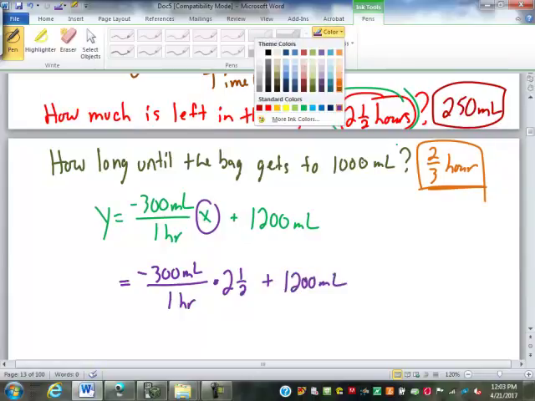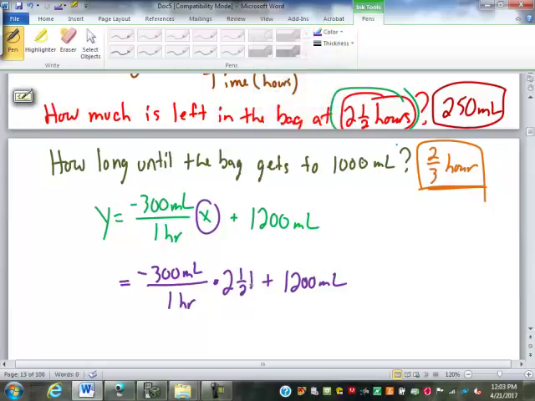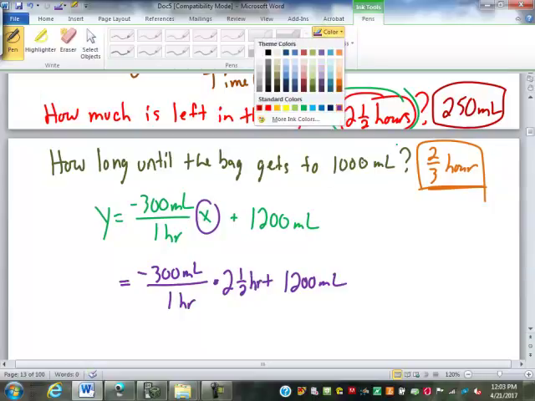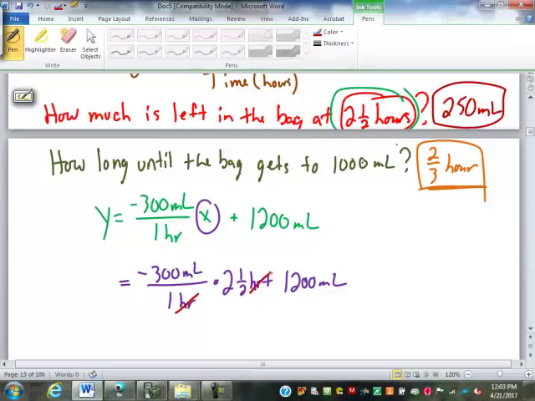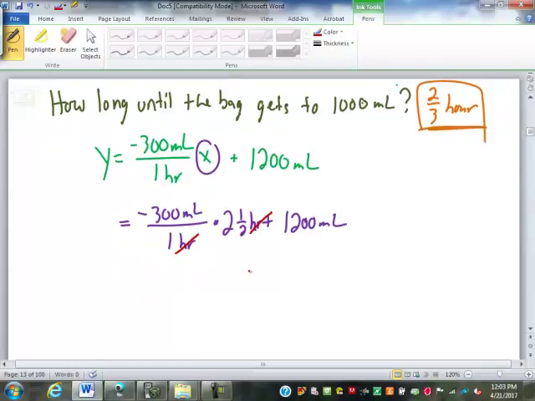And that is 2.5 hours, so we're going to put hours on that. Now mathematically the hours will cancel out. We have negative 300 times 2.5, which is going to give us negative 750.